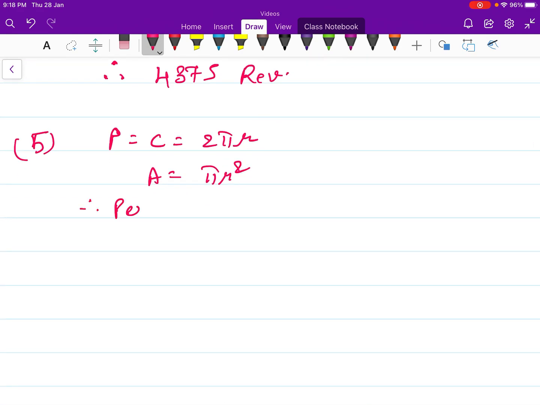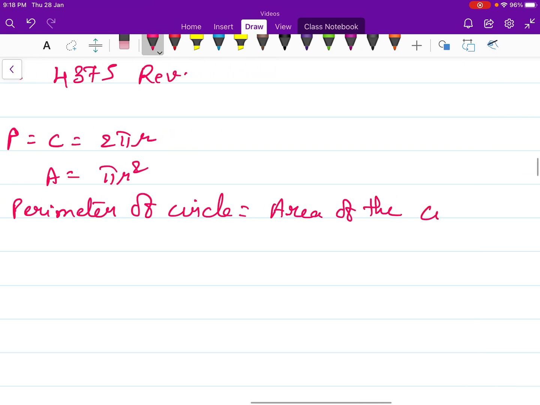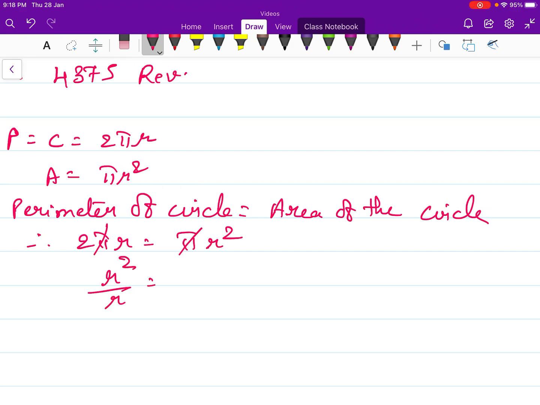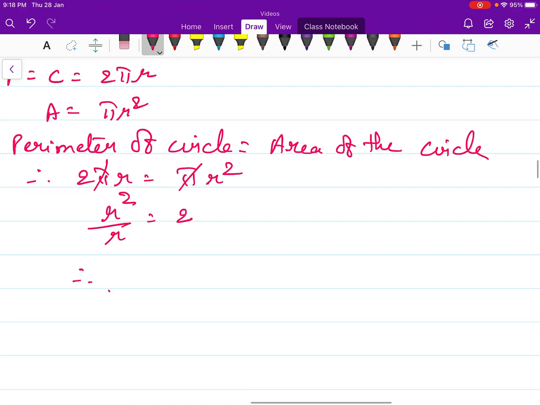Therefore, the perimeter of the circle is equal to the area of the circle. Therefore, 2 pi r is equal to pi r square. Pi and pi are eliminated. r square upon r is equal to 2. Therefore, r is equal to 2. So, option A is correct.